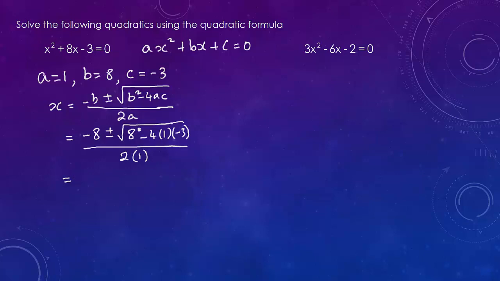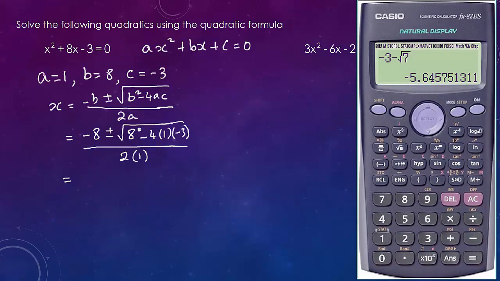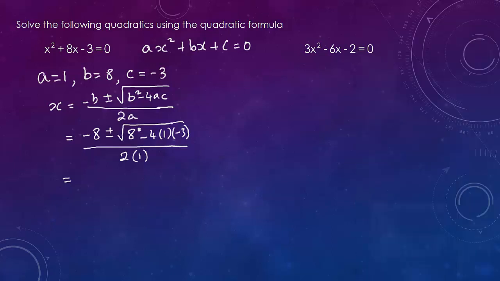Now when I do this process, I always make sure that I calculate what's under the square root next. So I've got 8 squared, take away 4, multiplied by 1, multiplied by negative 3. And that gives me 76.